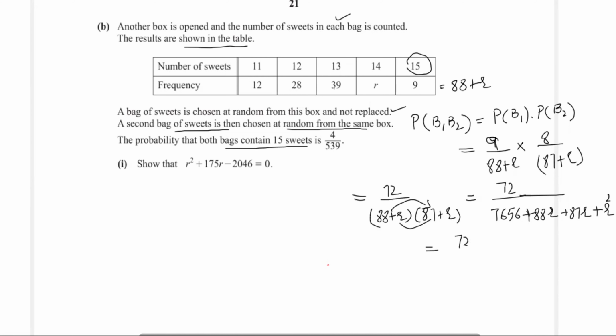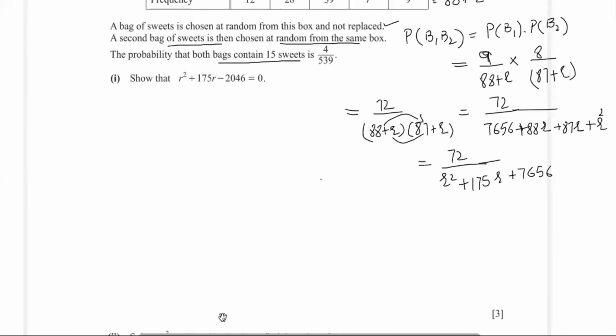Therefore, we can write it as 72 over R square plus 175R plus 7656, and this probability will be equal to 4/539. We write it as 4/539 equal to 72 over R square plus 175R plus 7656.